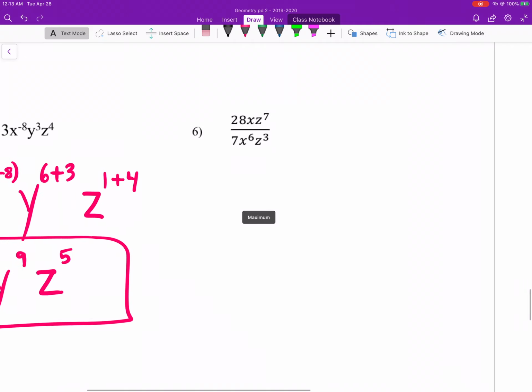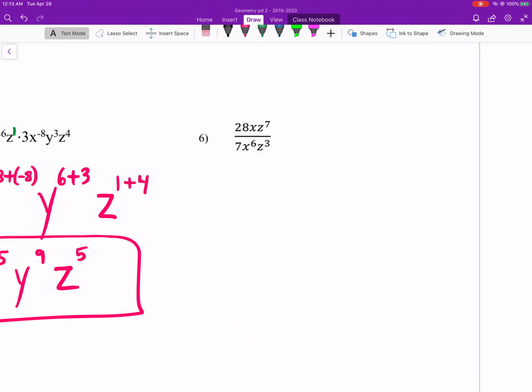Next, we have 28xz to the 7th divided by 7x to the 6th z to the third. All right, so you're going to divide the coefficients, 28 divided by 7, which is 4. And then we have x to the, in the numerator up top, that exponent is 1. So it's 1.